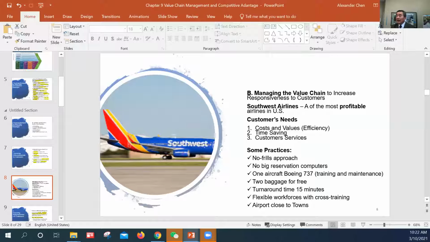So let's take a look. This airline started with no free drinks, no peanuts, no cookies, because they want to take all those tiny things out. And no big reservation system. What does that mean?